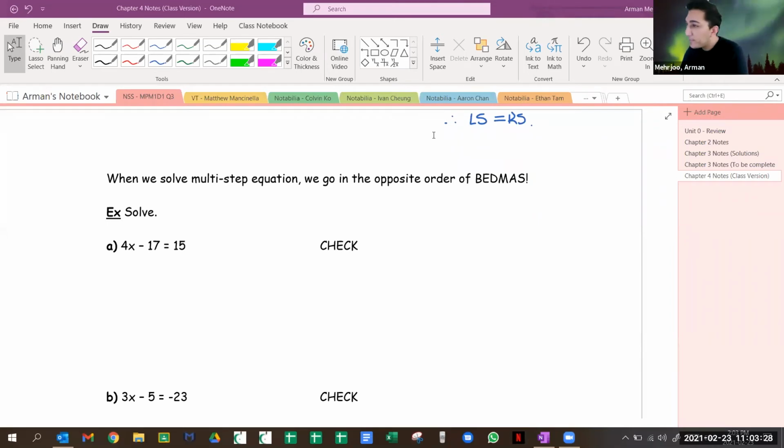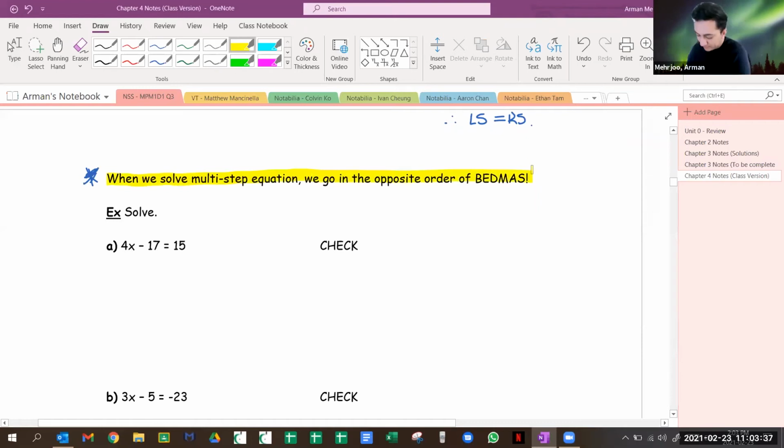When solving a multi-step equation, we go in the opposite order of BEDMAS. So this is a really important thing to make a note of here.